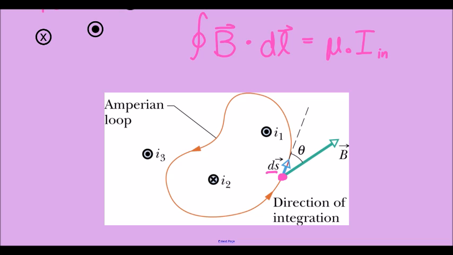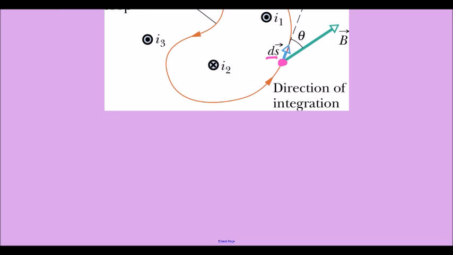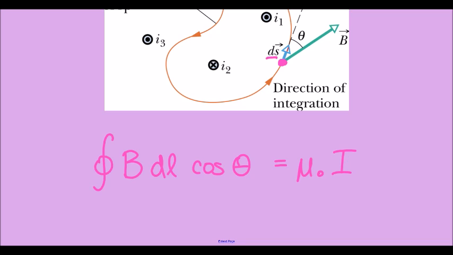And then we'll evaluate that dot product, and just like in Gauss's law, the dot product will typically start off by saying B dL cosine theta, and that's equal to mu naught times I. And then quite often, we're going to work with symmetry so that this cosine of theta will become 1.